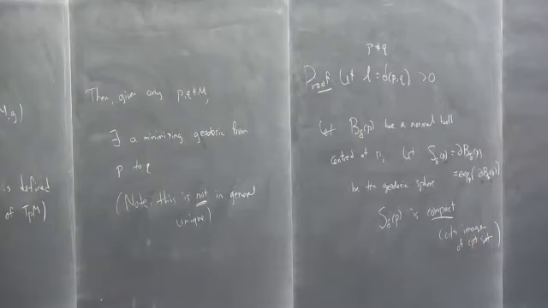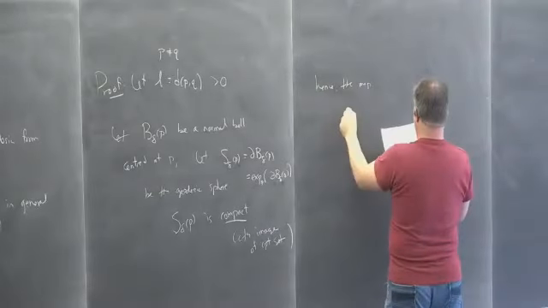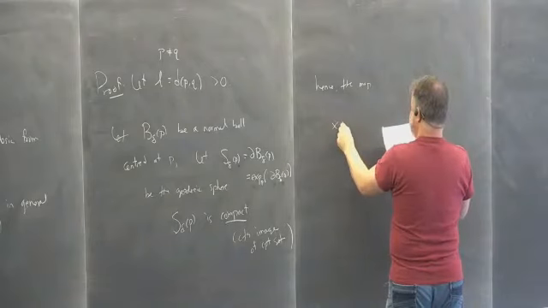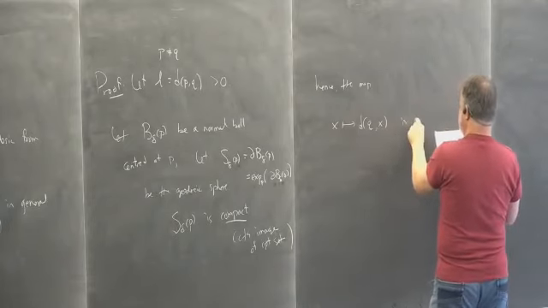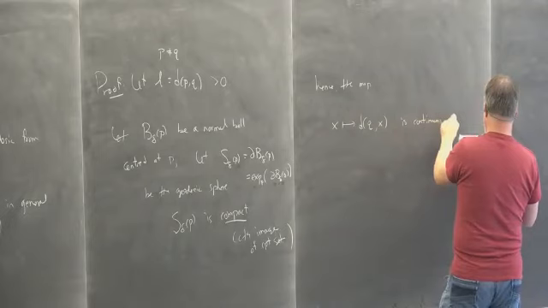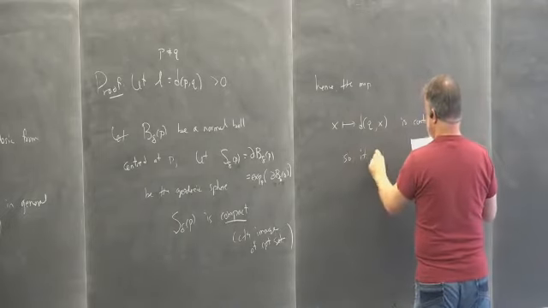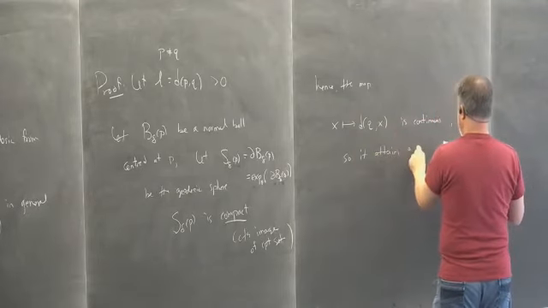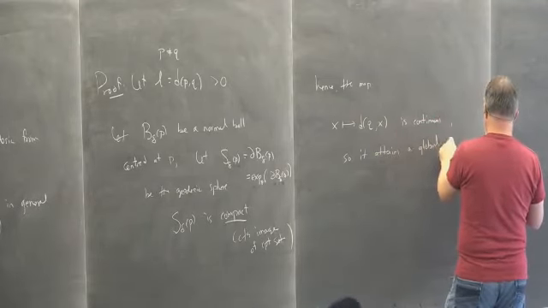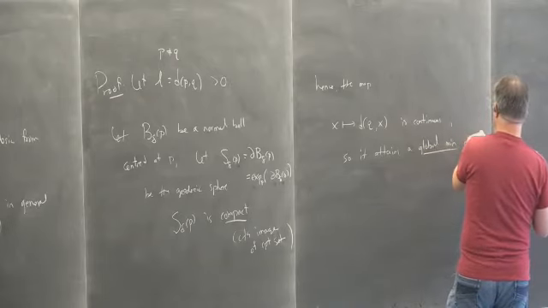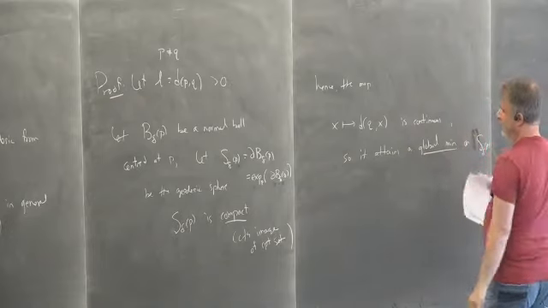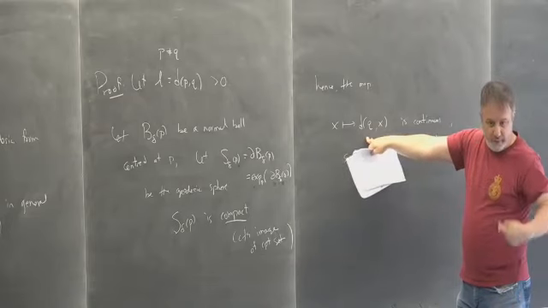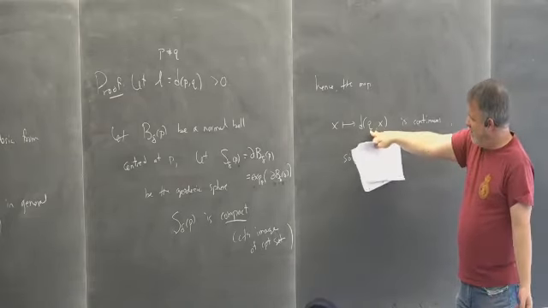So the geodesic spheres are compact, and hence the map x goes to the distance from Q to x is continuous, so it attains a global min on S. We proved at the end of last lecture that the distance function to a point is continuous, because this is a metric space.